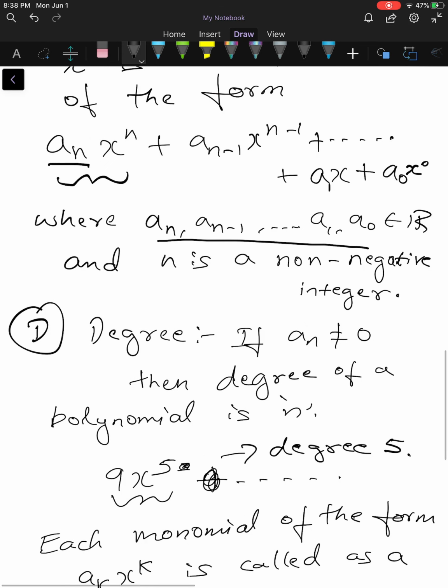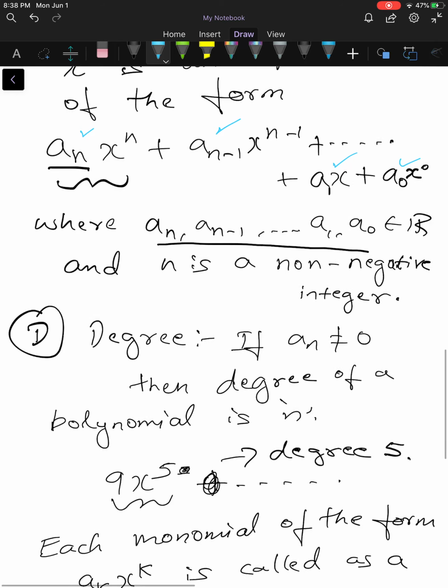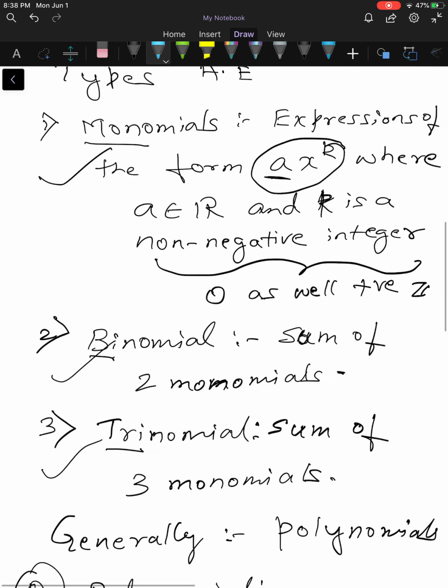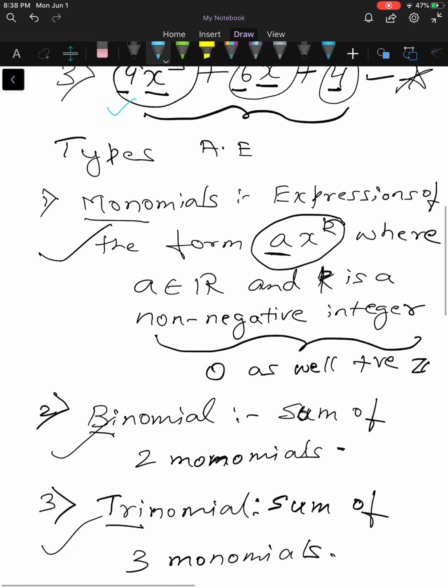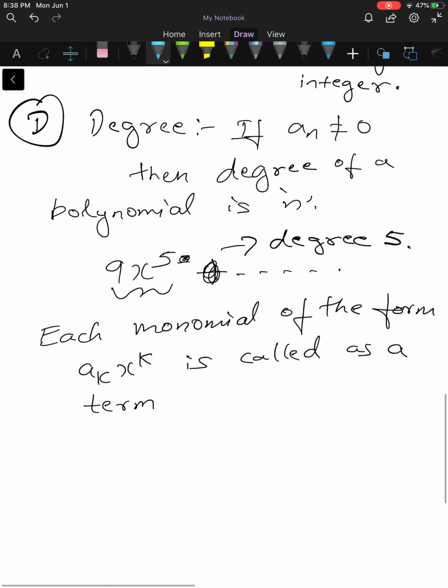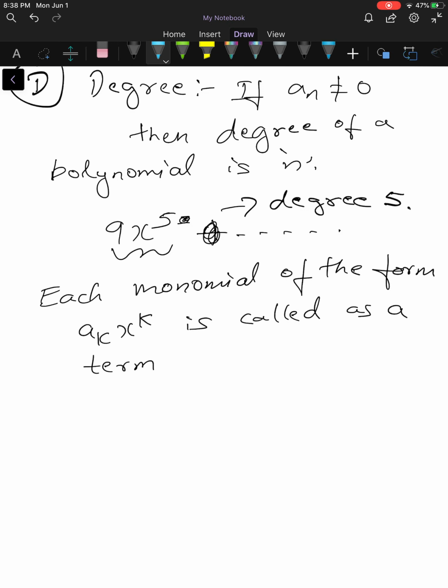Therefore here, this is a term, this is a term, all these are terms in the general form. When you come to the examples that I gave above, 9x^5 is a term, 6x^3 is a term, 4 is a term, because individually they are monomials.